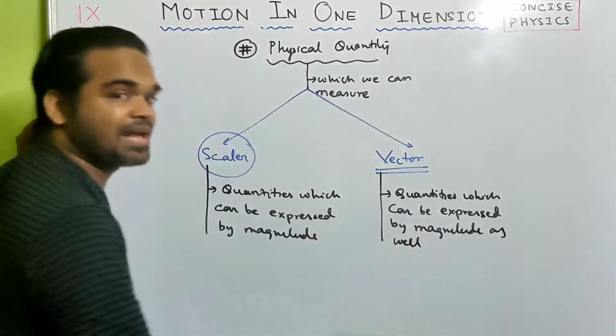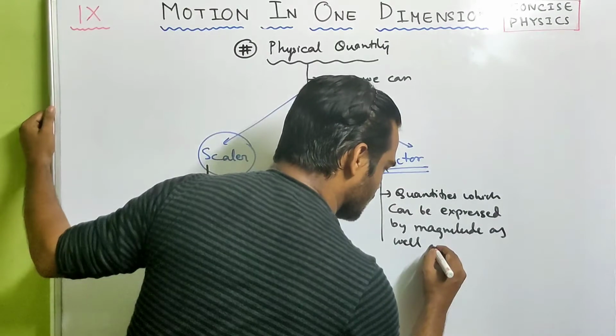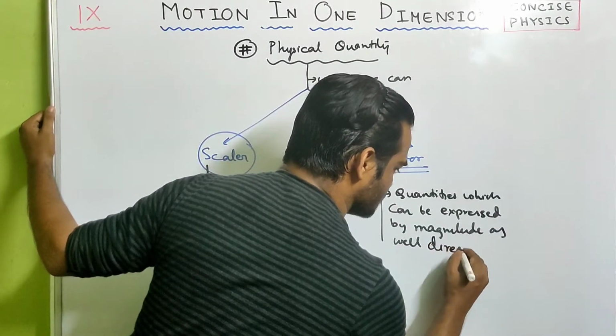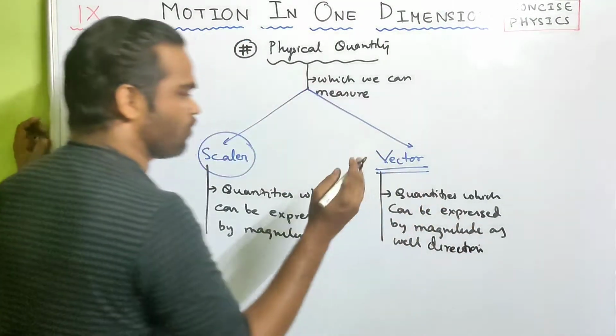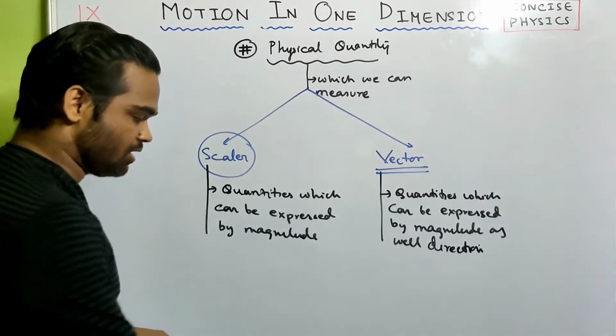They need one more parameter. Then those type of quantities are known as vector quantity.